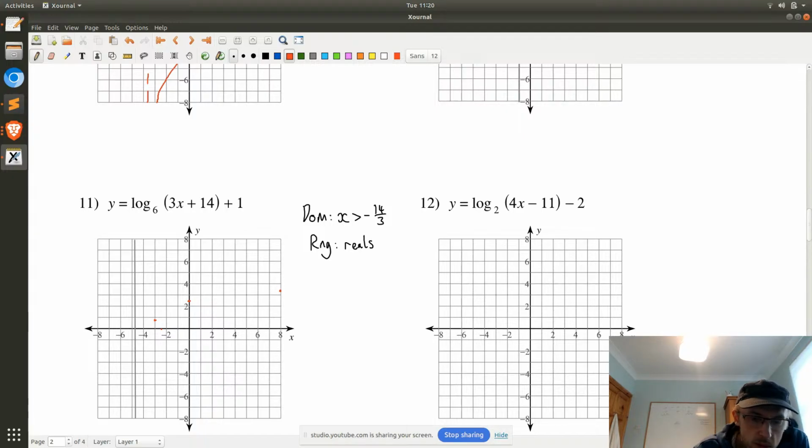So 2. 1.4. Why is that there? That shouldn't be there.